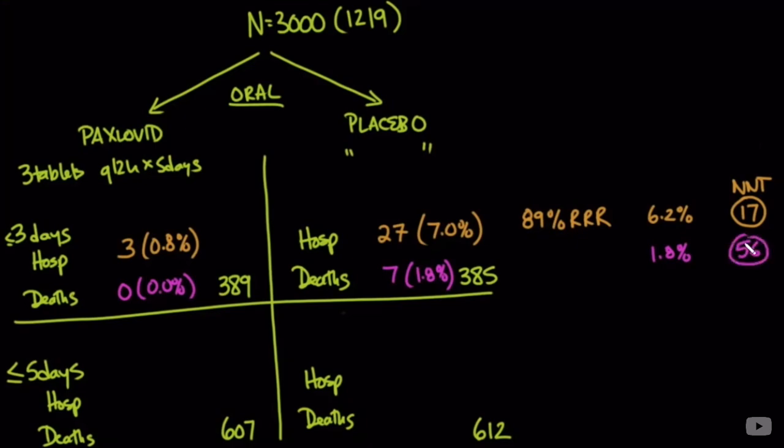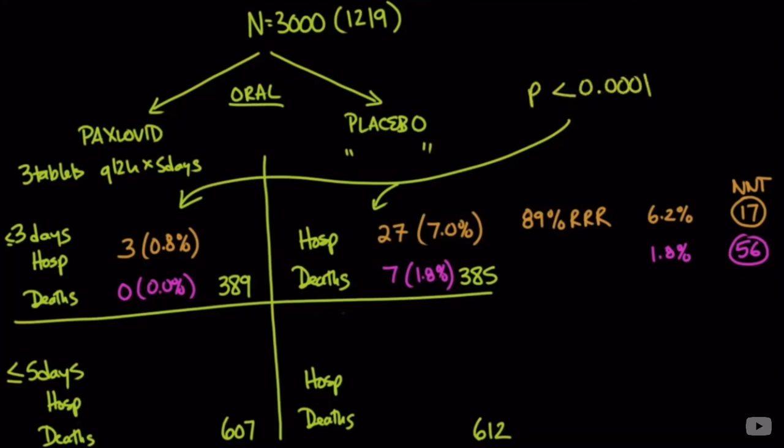But I would caution that this study was stopped early, so the number of deaths in the placebo group could have gotten higher, and therefore this absolute risk reduction could have been greater, and therefore the number needed to treat could be lower.